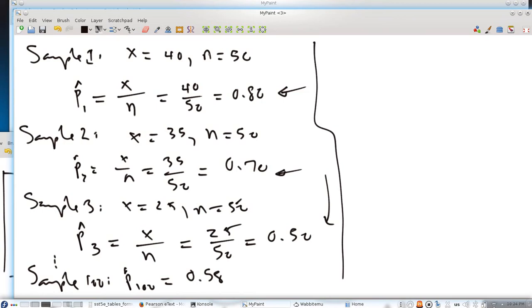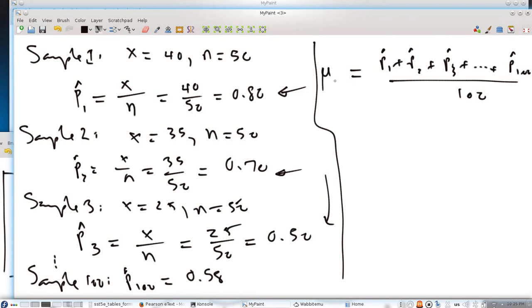Now if we add all of these proportions and divide by the number of the samples, in other words, we have p1 hat plus p2 hat plus p3 hat all the way to p100 hat, and then divided by 100. You get the mean of the sample proportions, and this is what we call the mean of the sample proportion, associated with mu of p-hat, and that will ultimately represent the true population proportion.